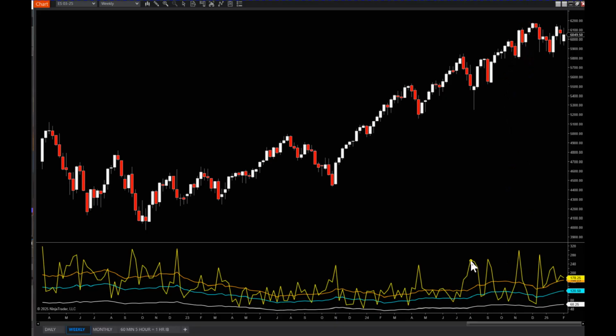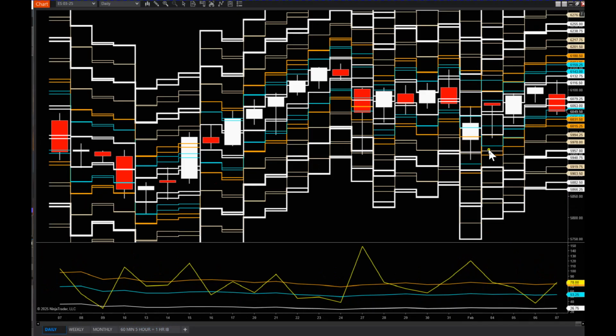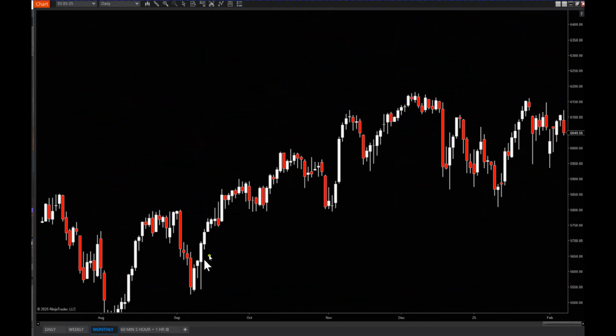And so when you match weekly outside range expansion with your daily, that's when you can start planning for some intraday movement and go with the range expansion. Same thing for the monthly. We change this to a monthly range.